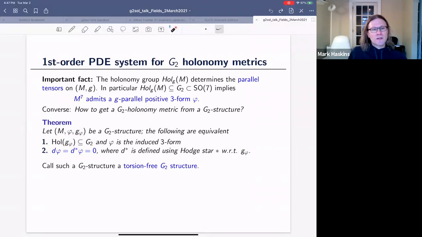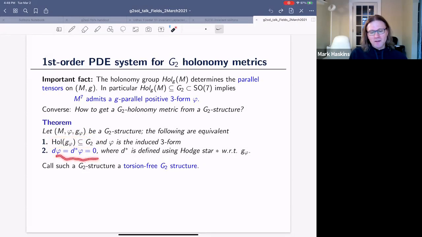But also the reverse is true: it's sufficient to know that the form is closed and co-closed, and that actually says there must be a parallel form, and therefore the holonomy must reduce to a subgroup of G2. So it doesn't say the holonomy is exactly G2, but we've now got differential conditions rather than integro-differential conditions, and a containment of the holonomy.